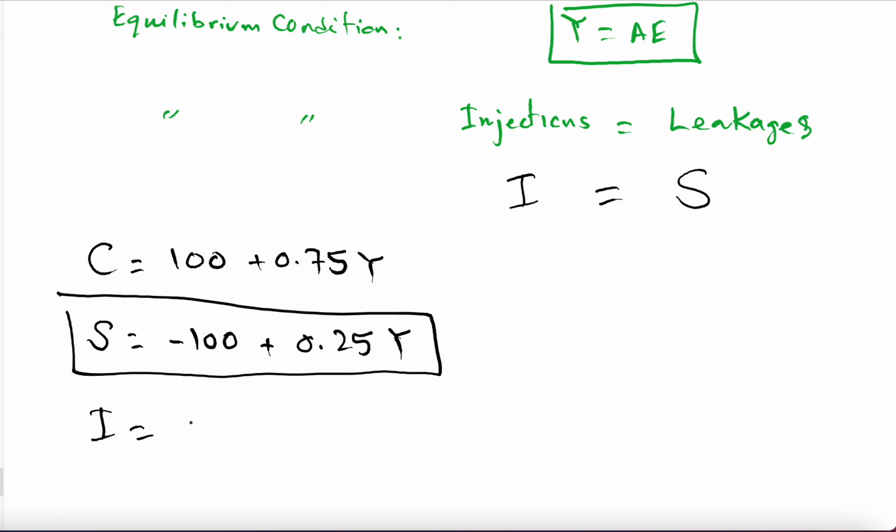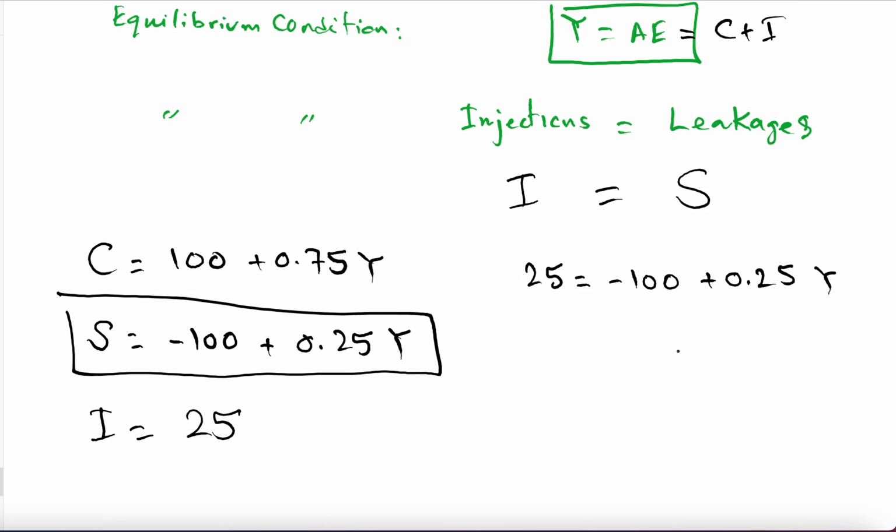We assume that this is a fixed amount of 25. So alternatively, we could use C plus I and determine the Y level. Here we are equating leakage and investment. So injection is 25 and the leakage is minus 100 plus 0.25 Y.